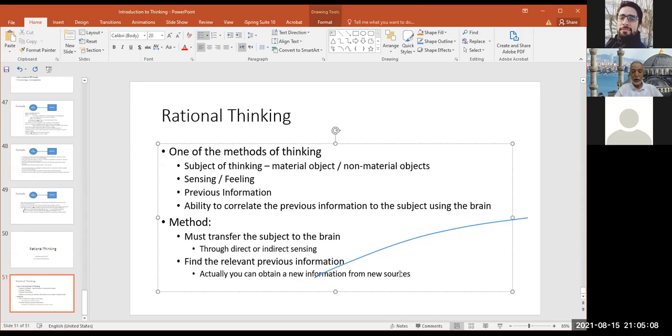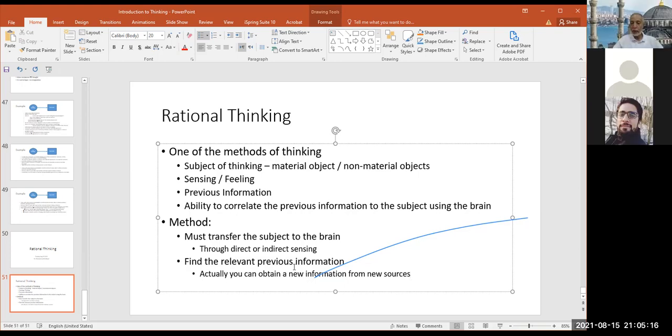Anyway, the previous information here means information available at the moment of making the judgment. So I find the relevant previous information, and the words relevant, previous and find are important. Find is a process, and relevant is a criterion, because you may have tons of information in your brain, like when you search something on Google and get 10 or 15,000 results.